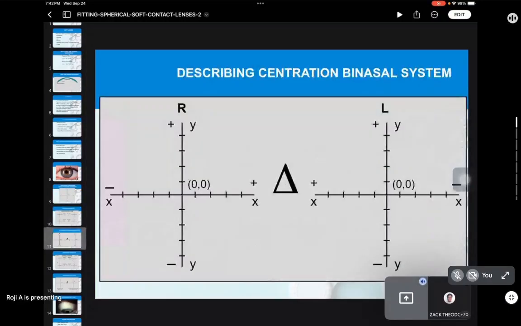Okay. Lastly, is the binasal system. The binasal system is just doing Cartesian only. The reference is both eyes, instead of the Cartesian, which is mono. So whatever you're doing in Cartesian, you're just doing it binasally. So almost the same.